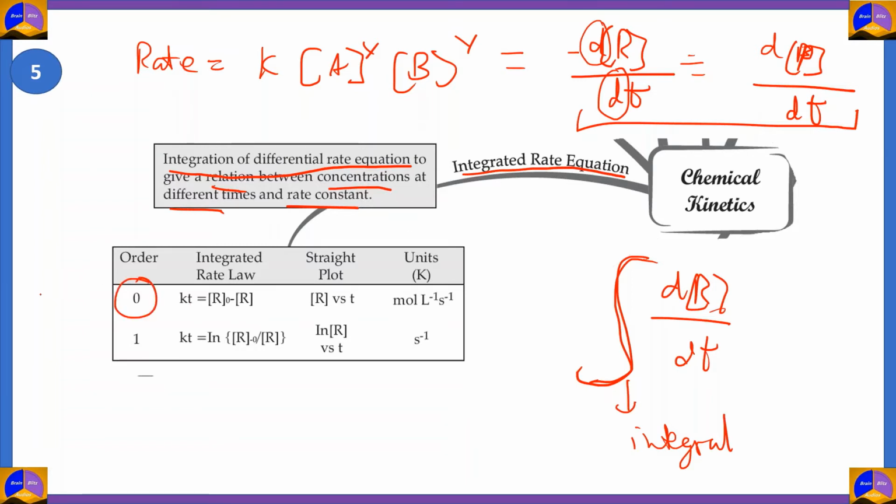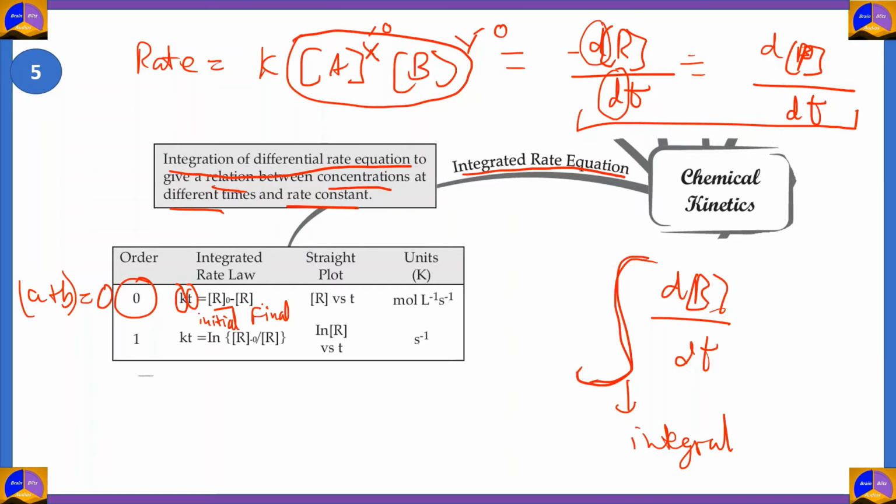For a zero order reaction, where x plus y is equal to 0, the rate is not depending on the concentration of the reactants or products. That is known as a zero order reaction. In a zero order reaction, the integrated rate law is kt = [R]0 - [R]. k is the rate constant, t is the time taken, [R]0 is the initial concentration, and [R] is the final concentration.